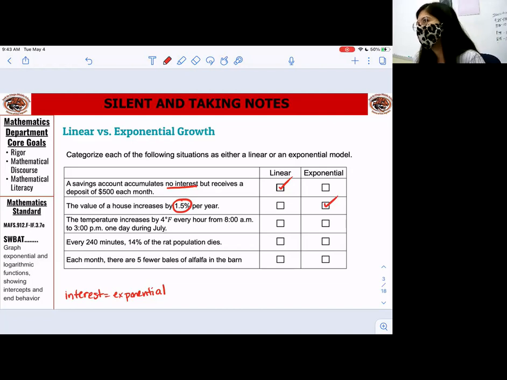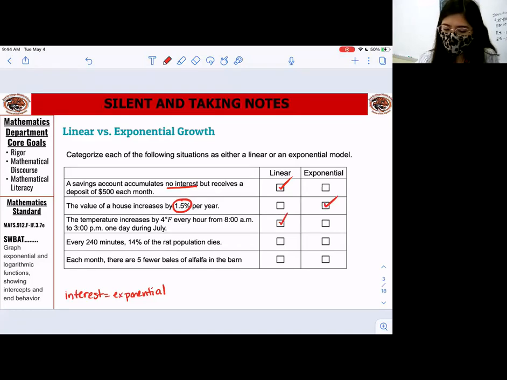Linear or exponential? I have 2 votes for linear. Are there any percents? There's no percentages. There's no multiplication words. There's no interest. It has to be linear.